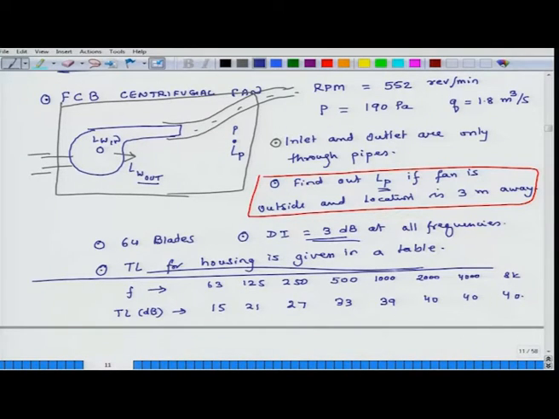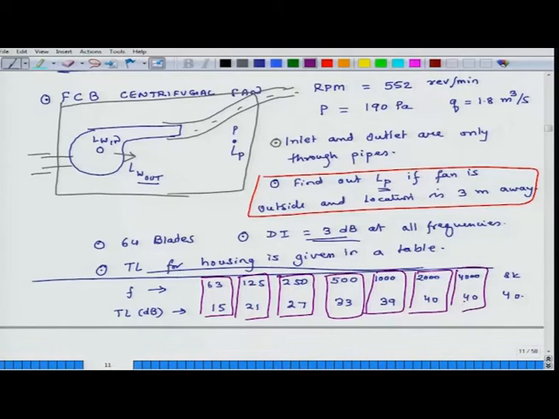So, here is the overall approach for different frequency bands. Please remember all these computations will be for different frequency bands. We will compute for every single frequency band listed here: first LW in, then we will find LW out, and from that LW out we will find LP.